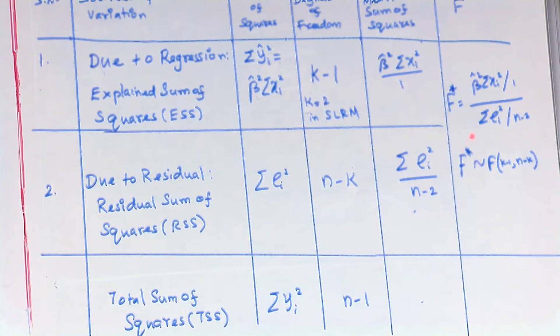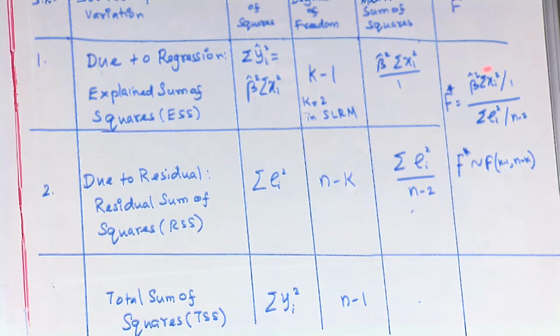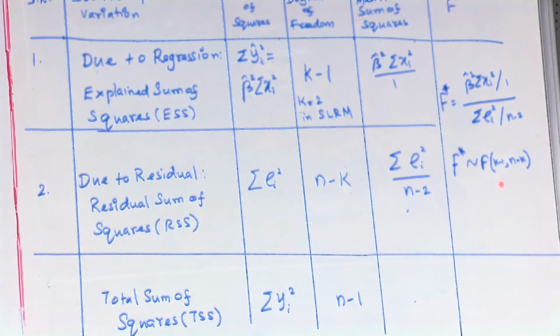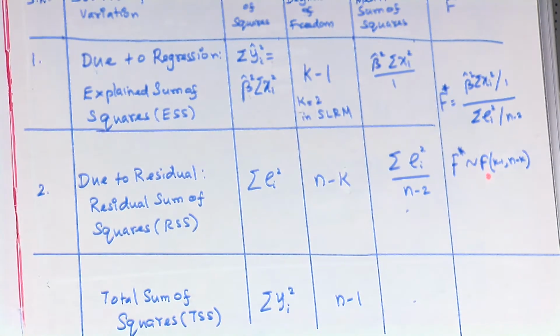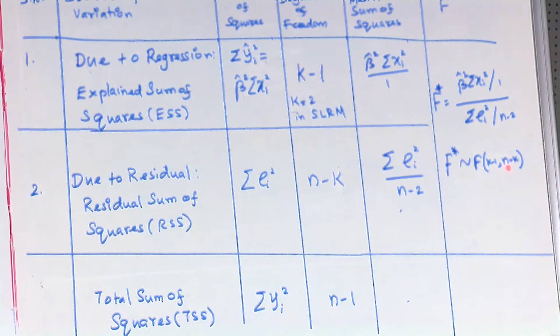So this is the ratio we are getting, beta hat square sigma xi square divided by 1, and divided by sigma ei square divided by n minus 2. So this F ratio follows the F distribution with k minus 1, comma n minus k degrees of freedom.